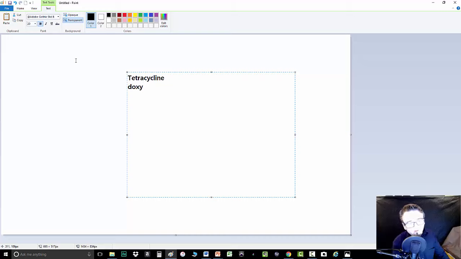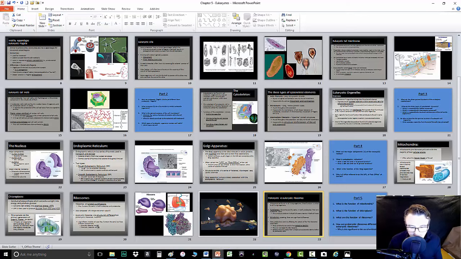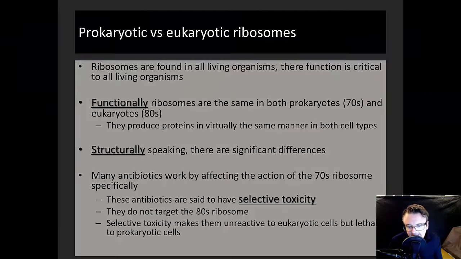Doxycycline is maybe one you've heard of. Doxycycline is a type of tetracycline. Or erythromycin is another one that functions like this. Chloramphenicol. These are all examples of antibiotics that target ribosomes, and as a result, are selectively toxic to bacteria.